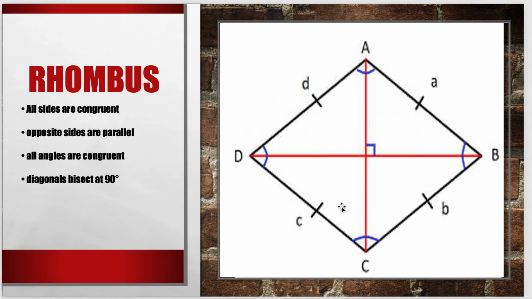So the diagonals bisect at 90 degrees. You can see the diagonals bisect in the middle, directly in the center of the rhombus, and they are perpendicular to each other, so they equal 90 degrees straight across.